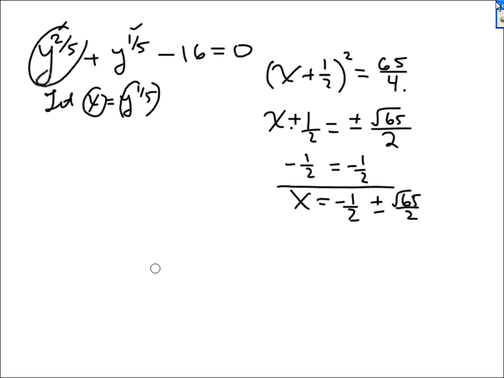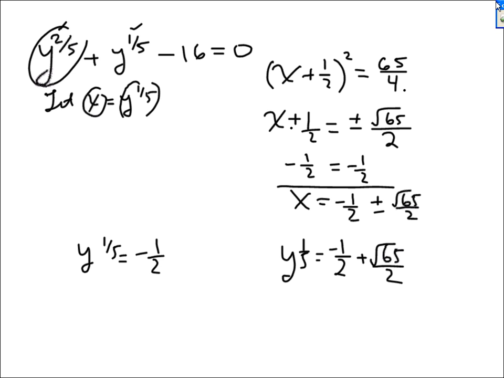X is really y to the 1/5, which is either negative a half plus the square root of 65 over 2, or on the left, it's negative a half minus the square root of 65 over 2. In fact, they have common denominators of 2.